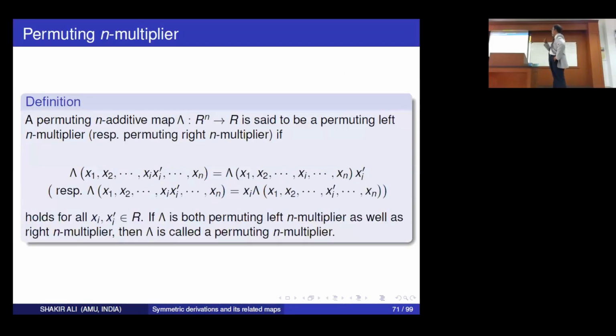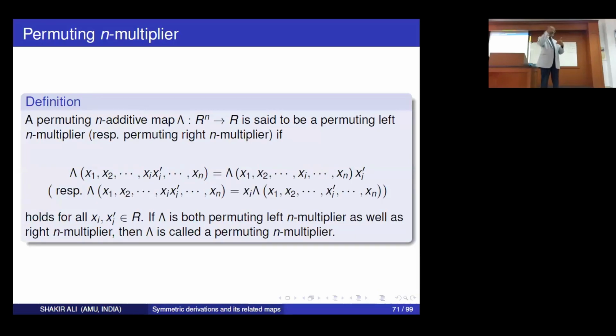And this is another result. Now moving on: whenever we have the idea of generalized derivation and derivation, we must have the associated idea of multipliers, because a generalized derivation is the idea which combines multiplicative maps with other maps.